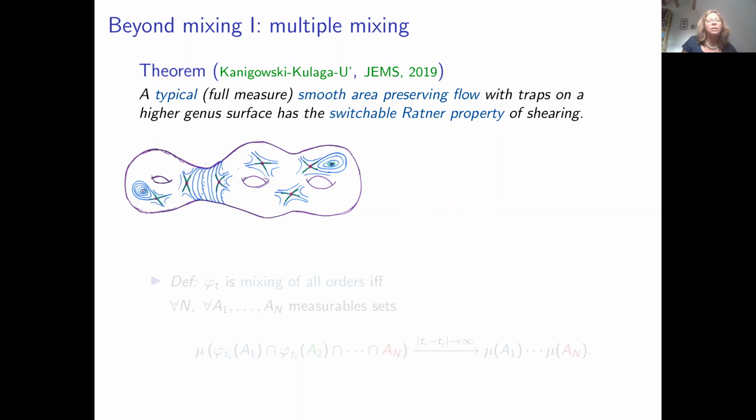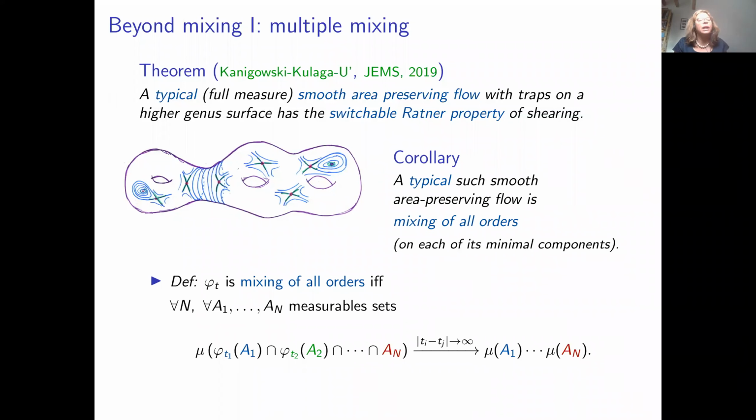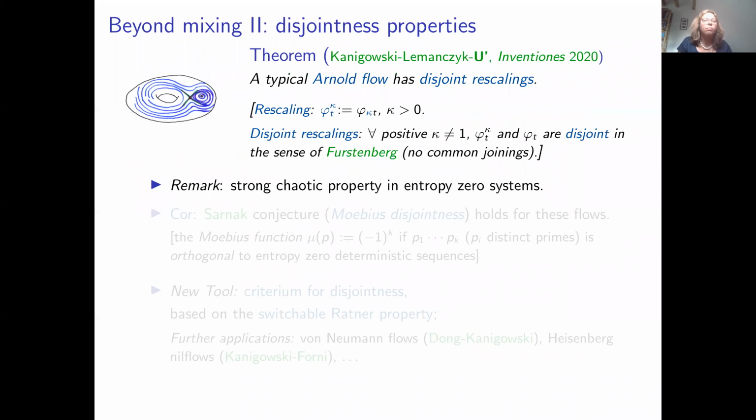So we have singularities, but with this variation of the Ratner property, we can still prove a form of Ratner property. Fayad and Kanigowski did it for genus 1. That's why they introduced their property. And we could do it for any genus. And as a corollary, for example, we can get not only mixing, but what is called the mixing of all orders. So instead of considering 2 sets, you can consider n sets and prove equidistribution for these n sets.